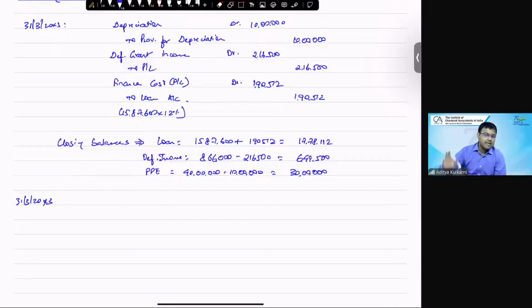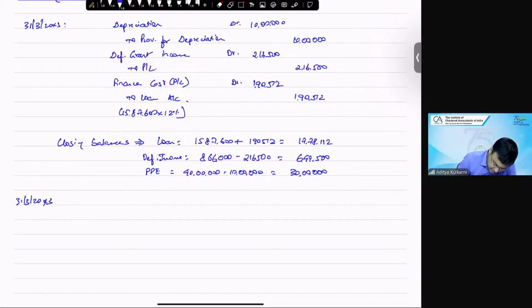Should I be having any deferred grant income left with me? No, because you have not fulfilled the terms of the grant. The grant is effectively cancelled. So whatever balance is in the deferred grant income account, it should become zero.